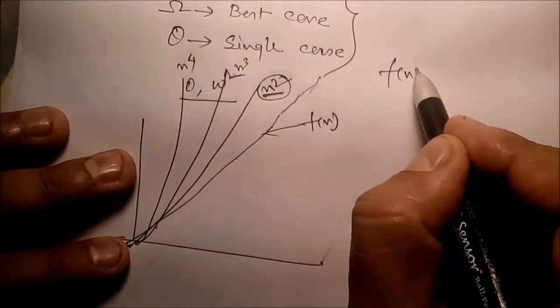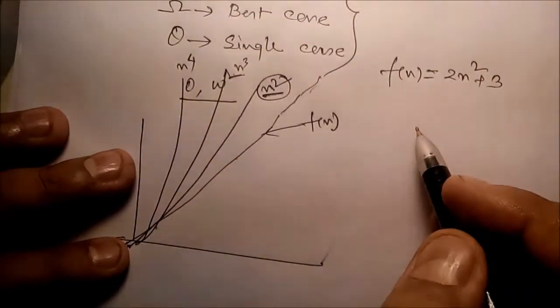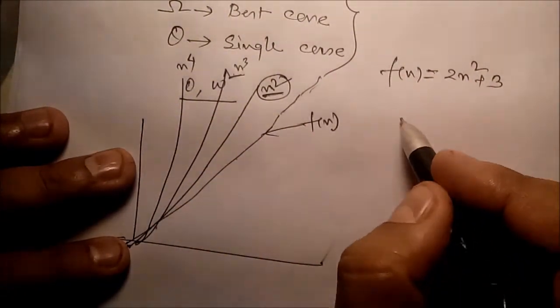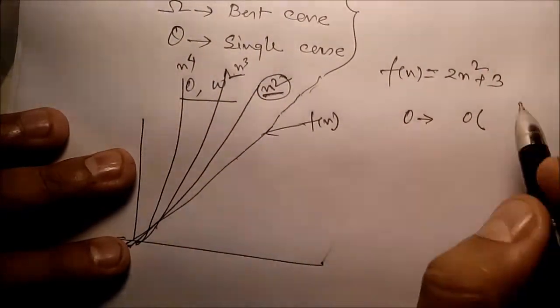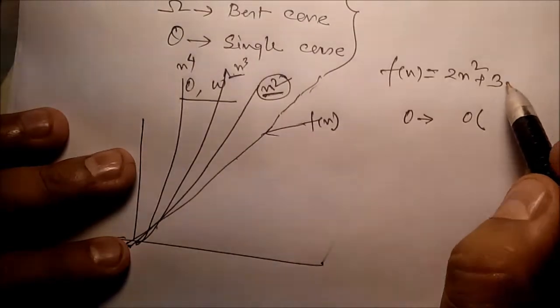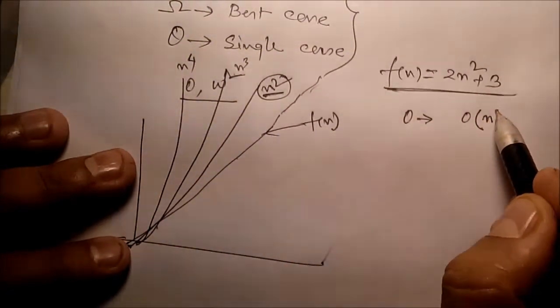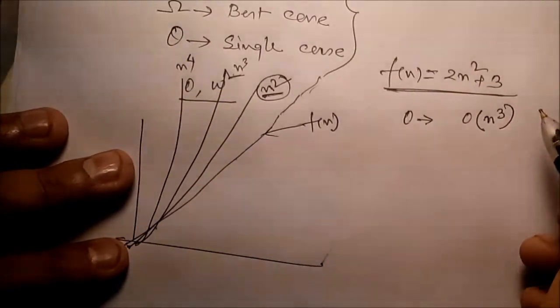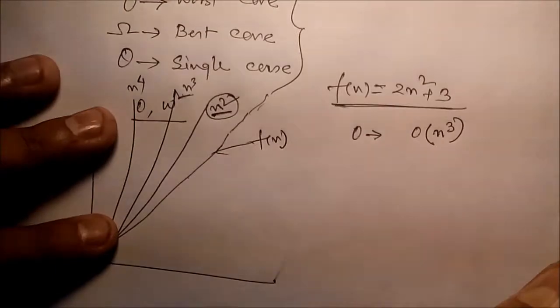So if f(n) is equal to 2n square plus 3, we may use small o notation for worst case complexity, and if it is not asymptotically tight, then for this equation we can write small o of n cube, because n cube is not asymptotically tight. Clear?